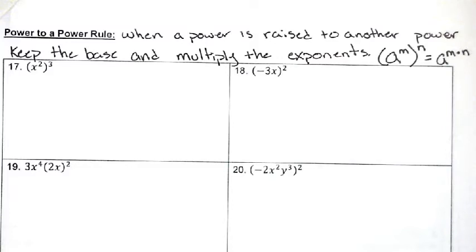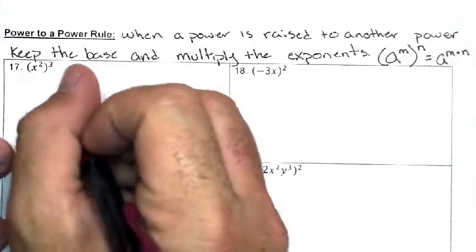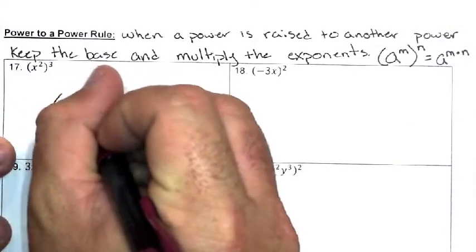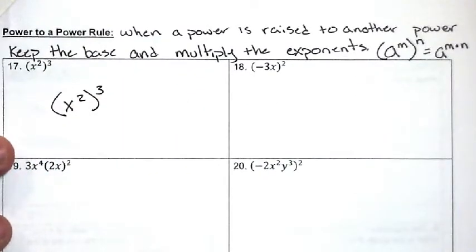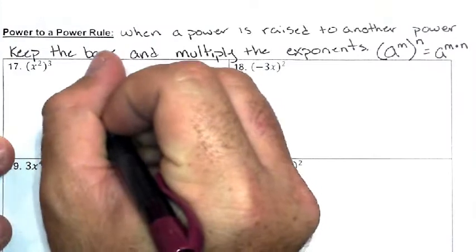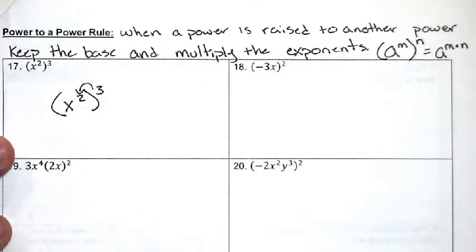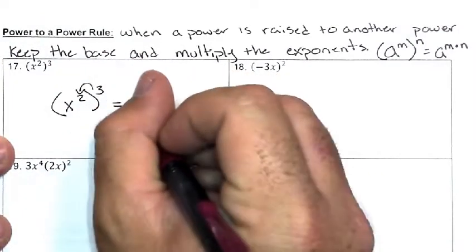So I have x squared to the power of 3. I'm just rewriting it a little bit bigger. I'm going to distribute this exponent to everything in the parentheses. So really what I'm doing is showing that I have x to the 2 times 3. What is 2 times 3?